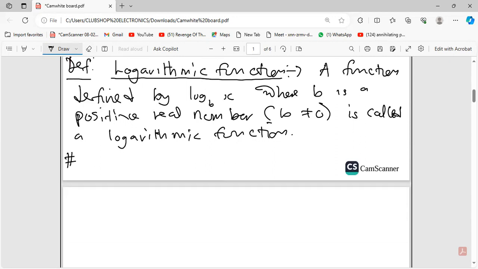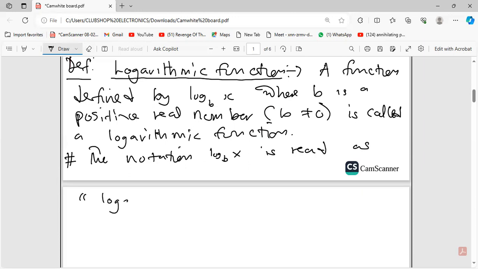Now the notation, right? The notation log b of x is simply read as logarithm base b of x.